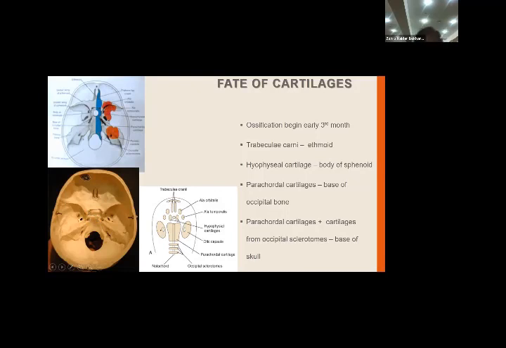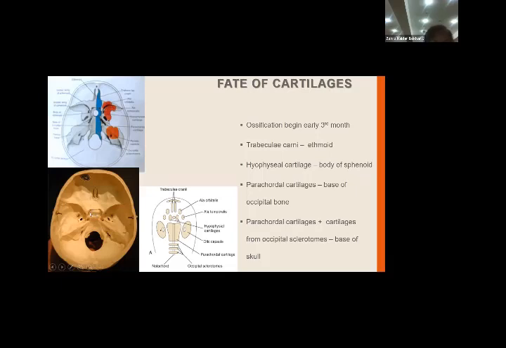Hypophysis is the pituitary gland. The pituitary gland is also called hypophysis cerebri. The pituitary gland is lodged over here in the hypophyseal fossa or pituitary fossa. This is a depressed fossa. This is the anterior clinoid process, and this is the posterior clinoid process.